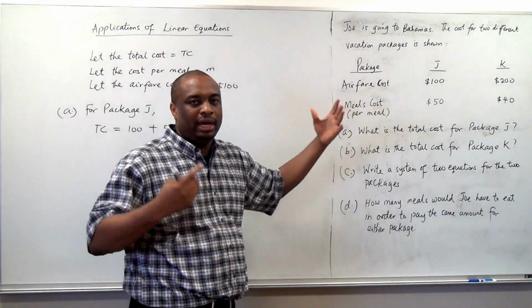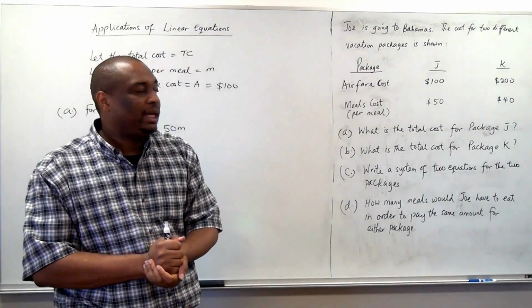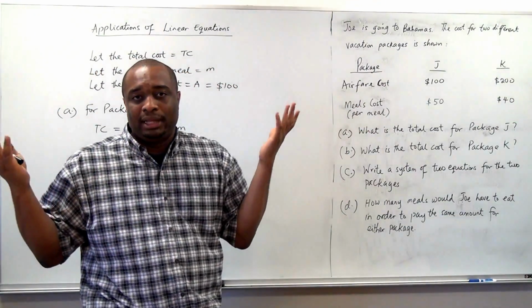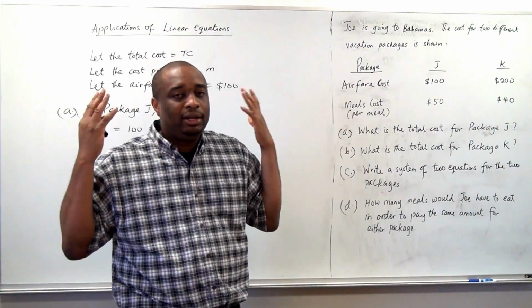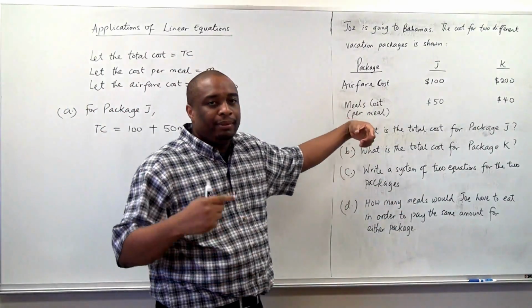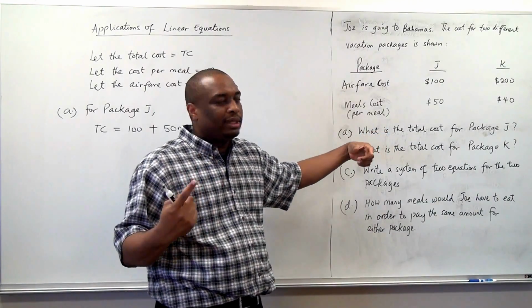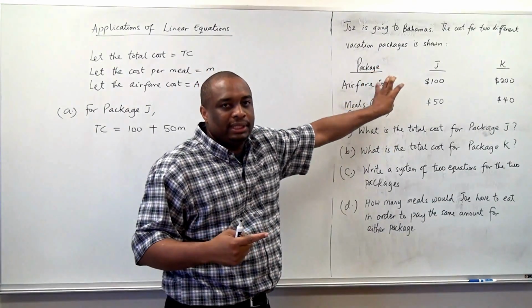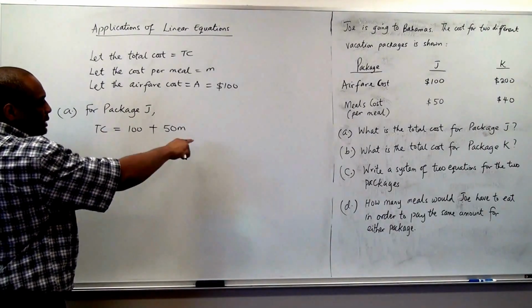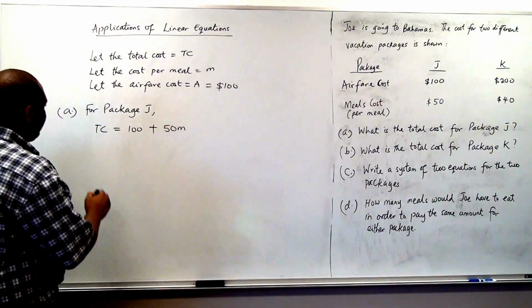I don't know whether you understand what I'm saying. Per meal means he might eat more than 3 meals in a day. He might eat up to 4 meals or 5 meals in a day. So it's a variable quantity. But this is a fixed quantity. Okay? So that is why we now have it like this. That is for package J.